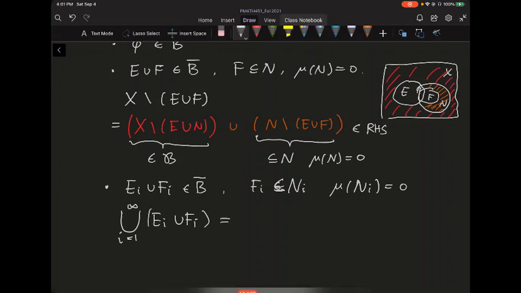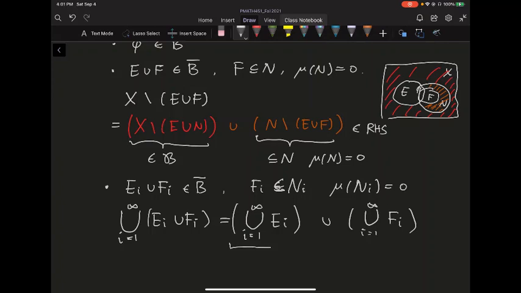So you can say, this is essentially the union of all the E_i, i going from 1 to infinity, and the union of the F_i, i going from 1 to infinity. So now what do we have?